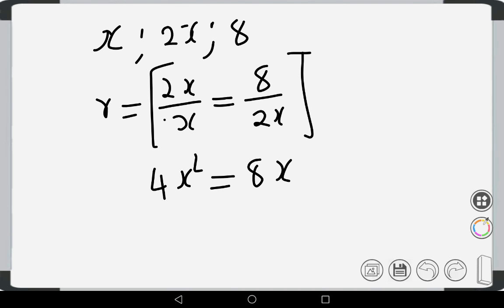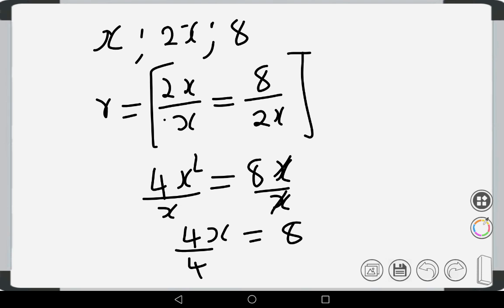So if you have this, we divide both sides by x. You will see that we have 4x equals 8. We divide both sides by 4. This implies that x is equal to 2.